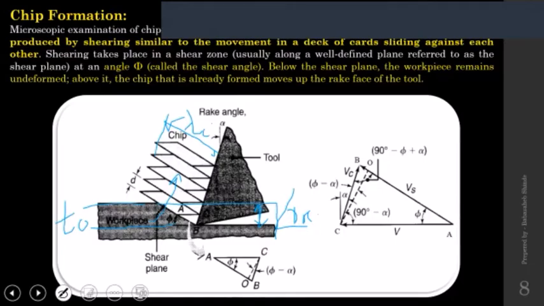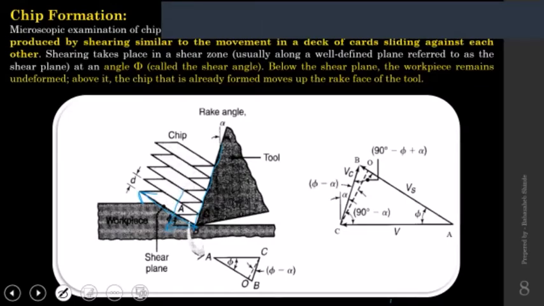Now, in this sketch, if I construct a triangle by referring to the horizontal line, that is the cutting direction, in this direction the cutting tool is moving, this inclined line, that is the shear plane, inclination of the shear plane, and a line parallel to this rake face over here.